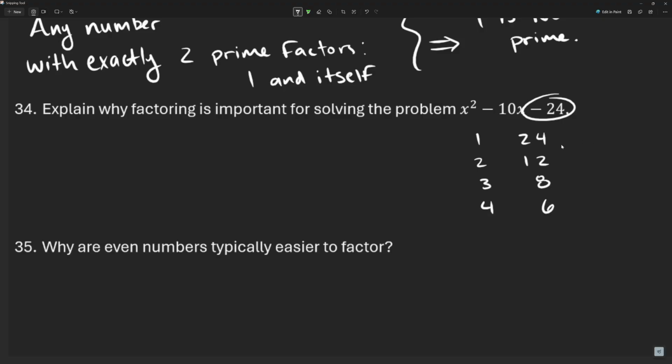And so you need to be able to factor a number in order to do this polynomial factorization. And the reason why you need to know all of them is because you need to know which pair of these can combine to create negative 10.